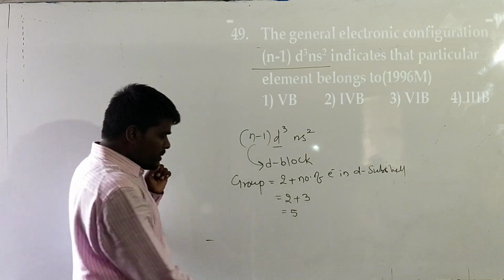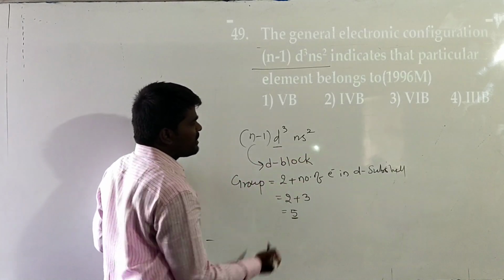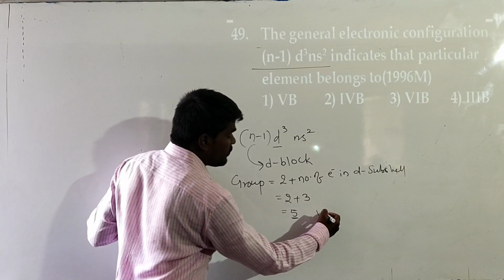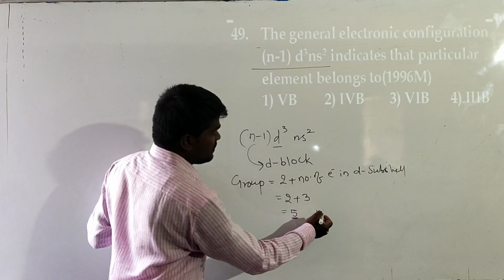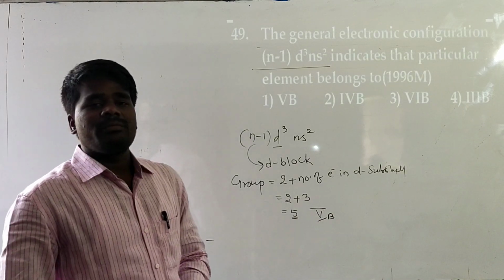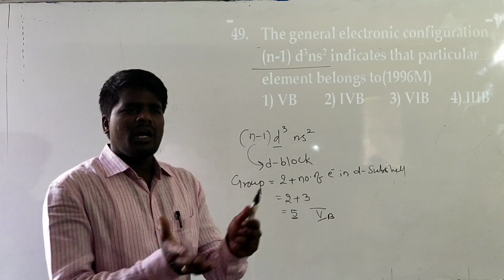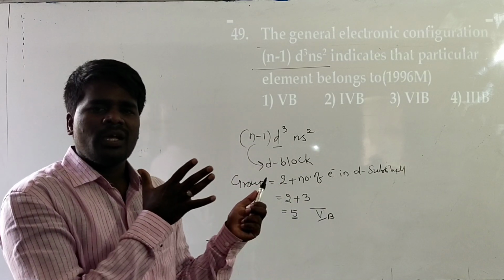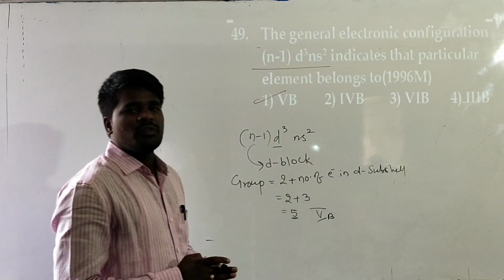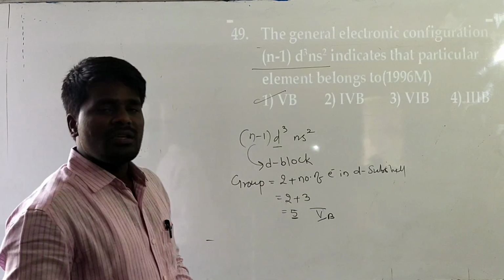So the group number of this particular element is 5, which is also called the fifth B group. We know that d block elements are transition elements, and according to Mendeleev's periodic table they are called B, and normal or representative elements are called A. It comes to the fifth B. Vanadium, niobium, etc. come under this fifth group of elements.